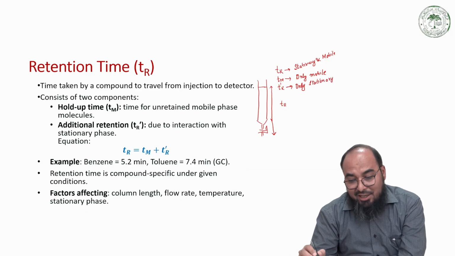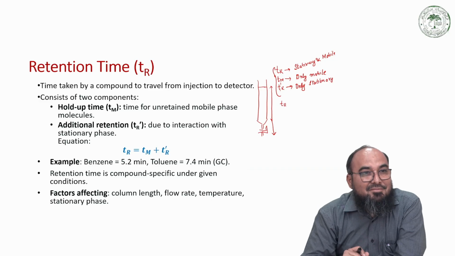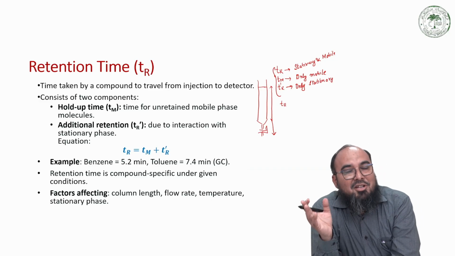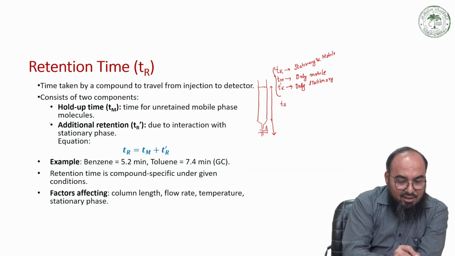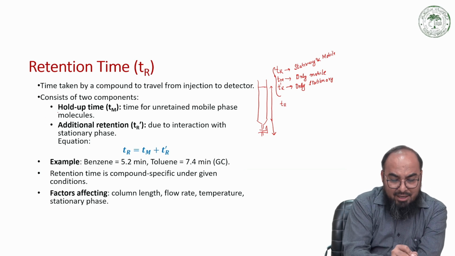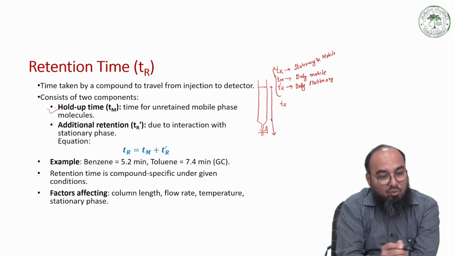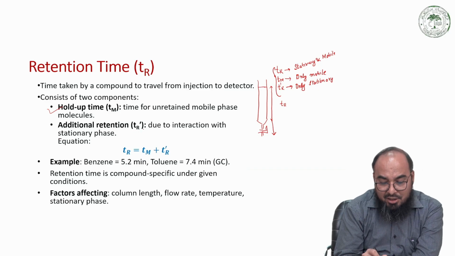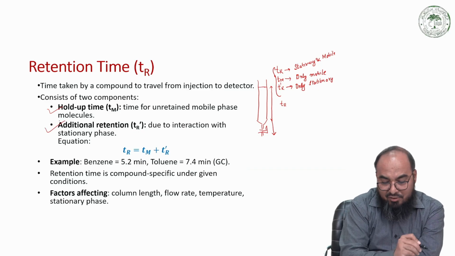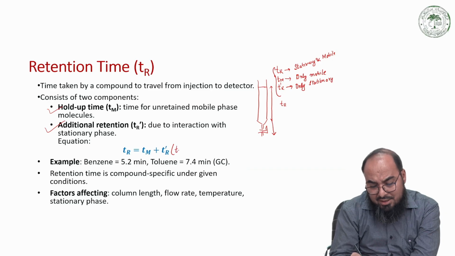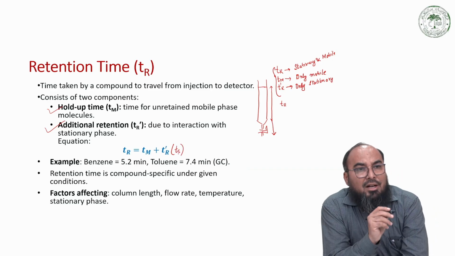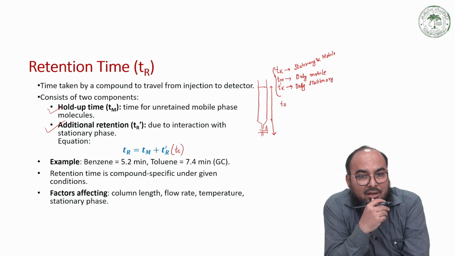And fortunately, you can measure all three of these quantities from the chromatogram. So this is TM, called the hold up time or the dead time or the void time. And this is the additional retention time due to interaction with the stationary phase. You can see TR dash, or sometimes you can see TS also. Don't worry, both are the same, okay?